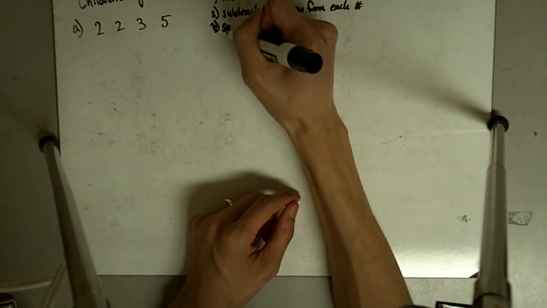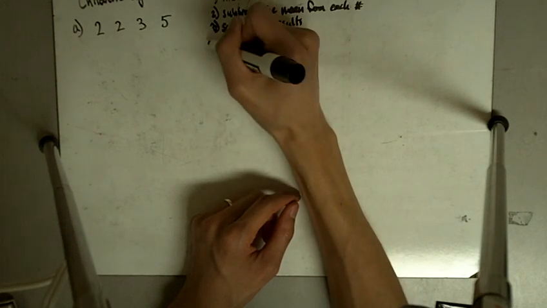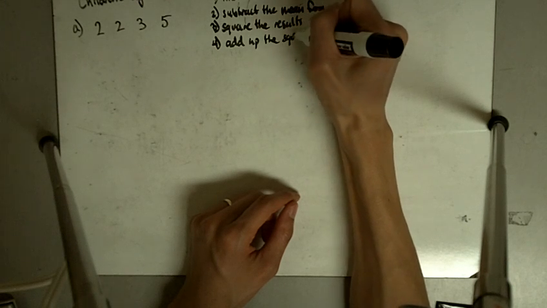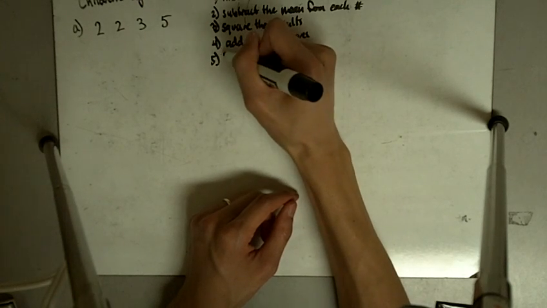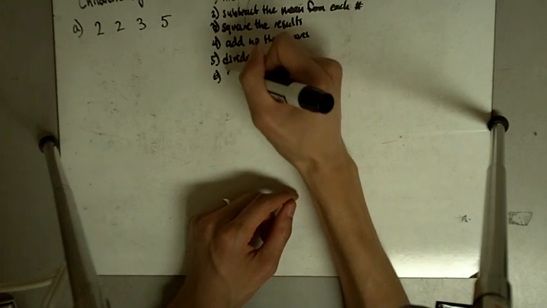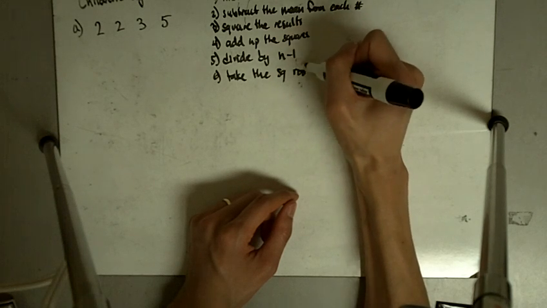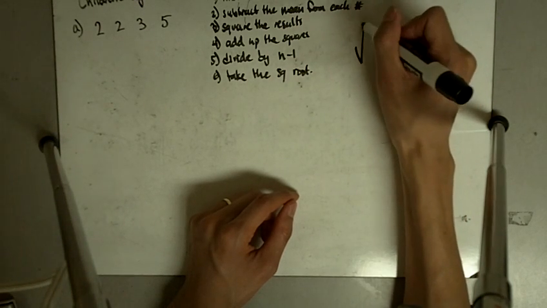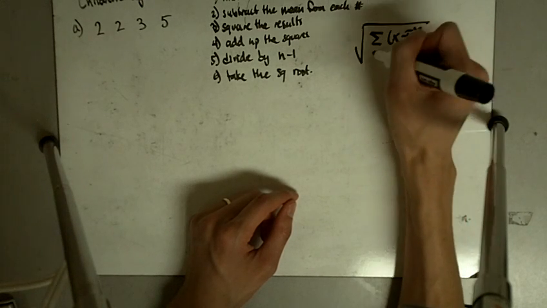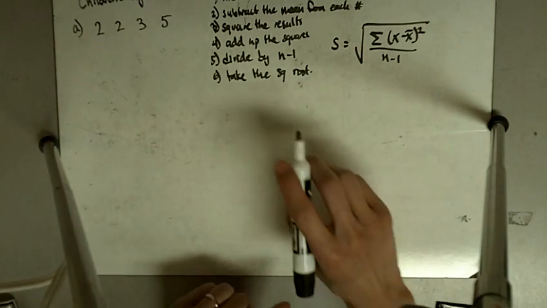Then we square the results, add up the squares, then we divide by n minus 1, and we take the square root. And if you want the formula, it's going to be the square root of the sum of (x minus x bar) squared, divided by n minus 1, and that's going to give us s, the standard deviation.